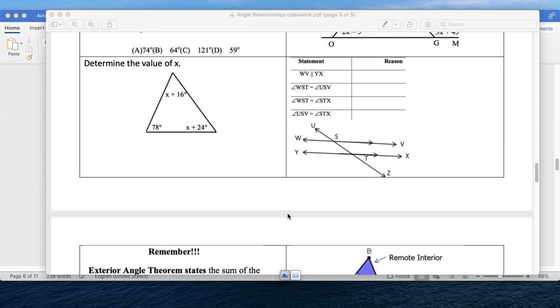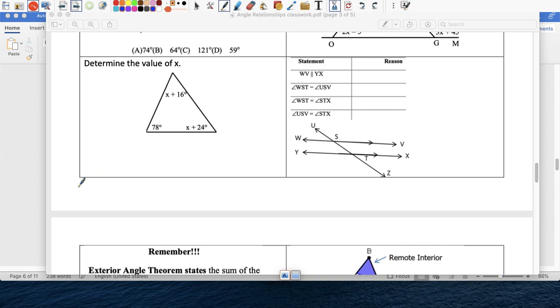Determining the value of x, again, it's a triangle. So we know that the sum of all these angles equals 180. So x plus 16 plus 78 plus x plus 24 equals 180. We got x and x, so we get 2x.